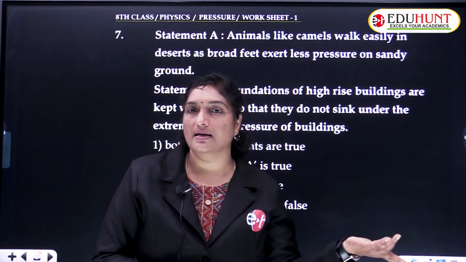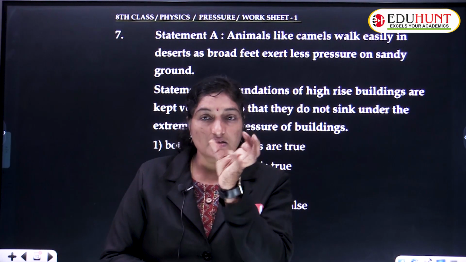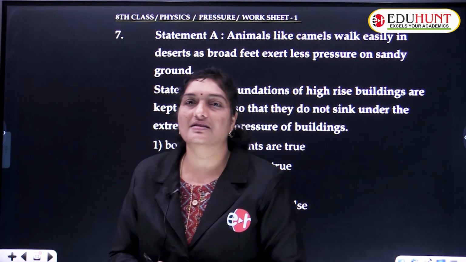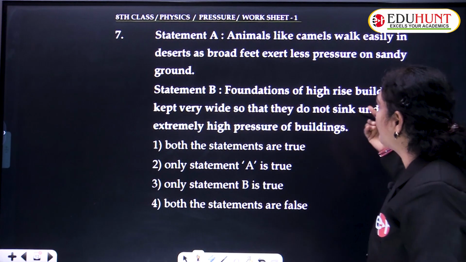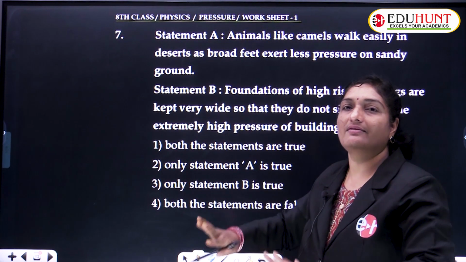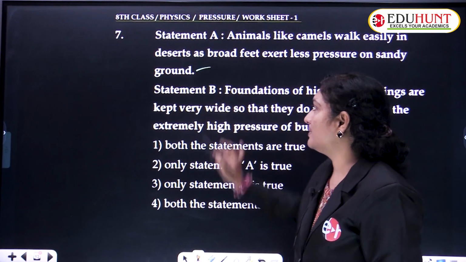Whereas other animals like a horse or donkey have a small area of crossing, so they may exert large pressure. So of course camels can walk very easily because they exert less pressure. So of course the statement is true.